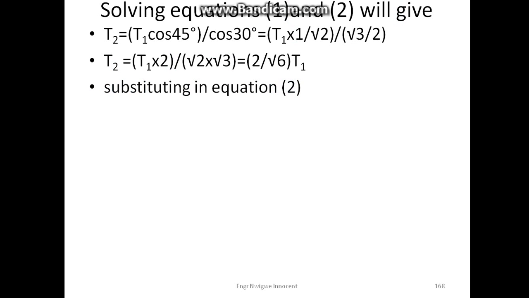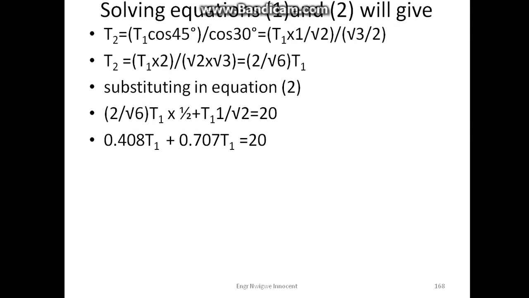Substituting in equation 2, we have that (2 over square root of 6) T1 times half plus T1 times half times 1 over square root of 2 equals 20. 0.408 T1 plus 0.707 T1 is now equal to 20. 1.115 T1 equals 20.